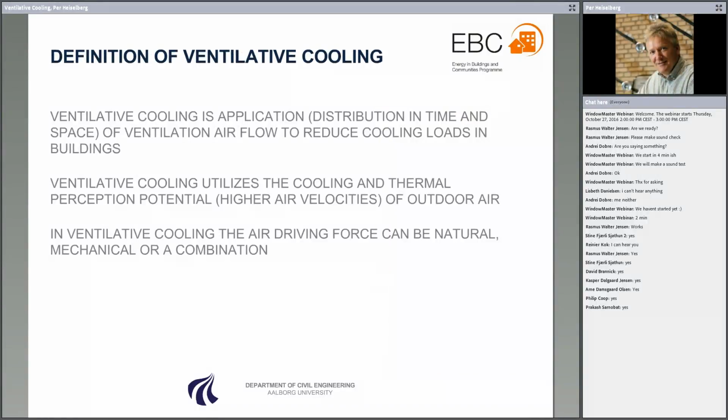The way we define ventilative cooling is we say it's application of ventilation where we use the outdoor airflow to reduce the cooling load in buildings. And these systems can be driven both by natural driving forces or mechanical driving forces, or it can be a combination of driving forces.